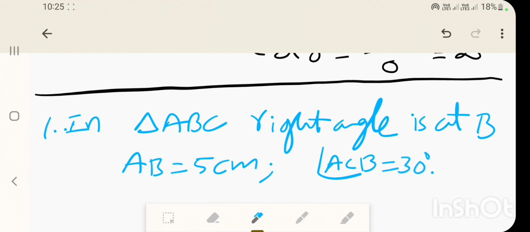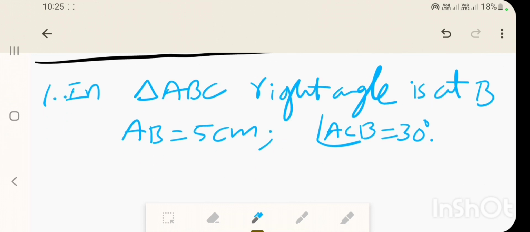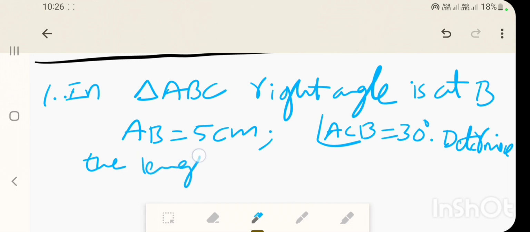Determine the lengths of the other two sides, BC and AC.